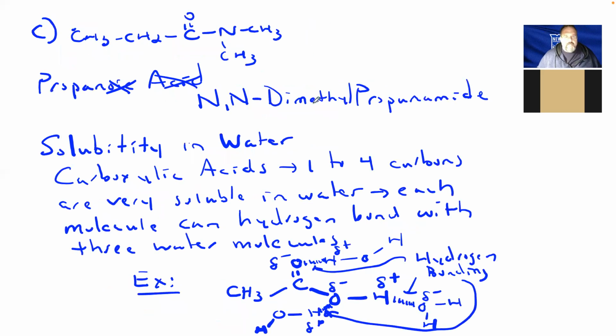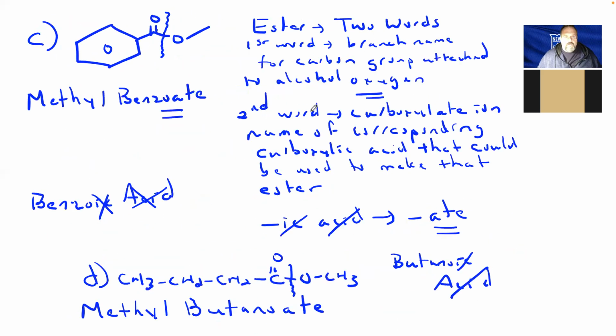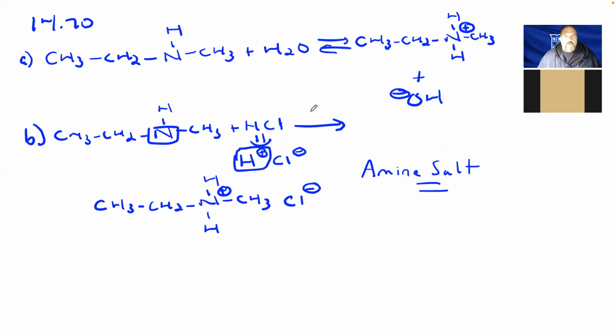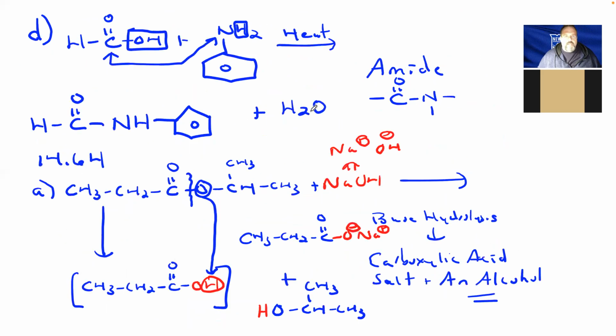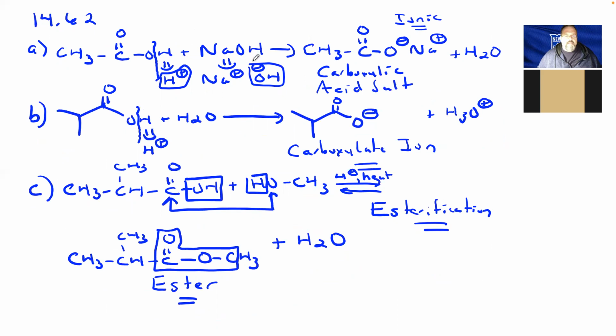Let's see if there's anything else. Yeah, so the only thing I just want to mention also is, with the carboxylic acid and the base, the other base you could also use would be potassium hydroxide. And just to mention that it wouldn't change anything that we did. The only difference would be that instead of having Na+, you'd have K+.